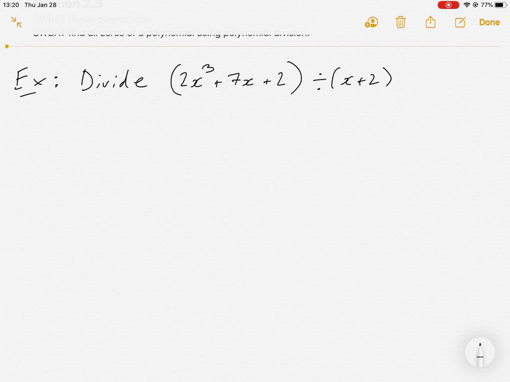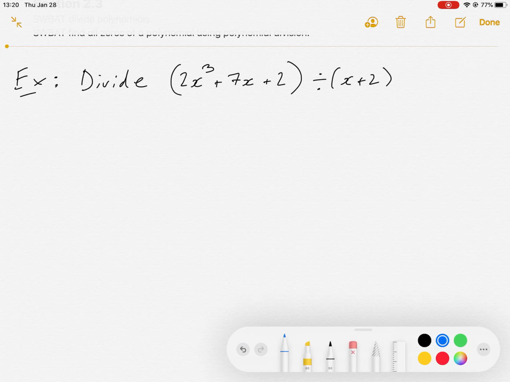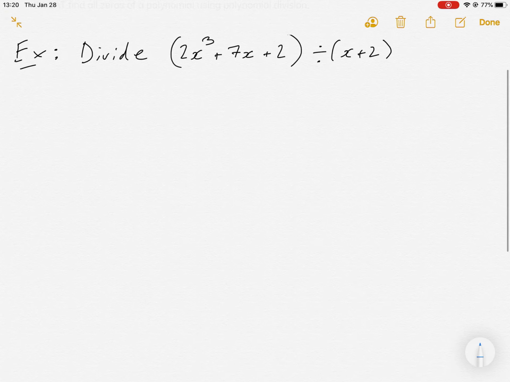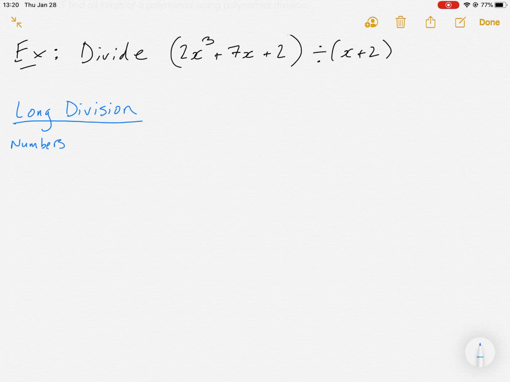But to begin with, I really just want to relate this back to what we know about dividing. So let's go back to old school long division. And just as a recap here, we're going to actually relate this back to numbers, and then we'll look at how this works for polynomials as well.